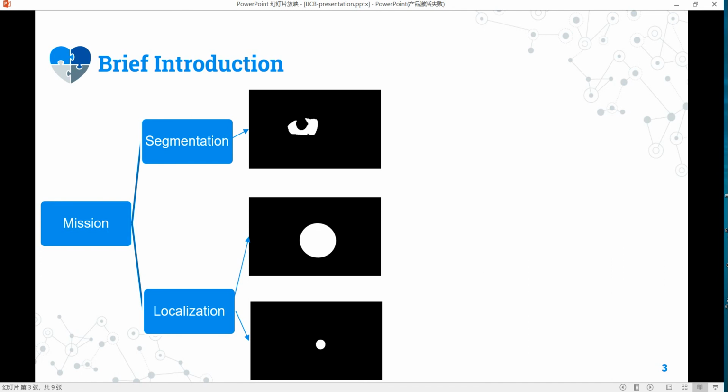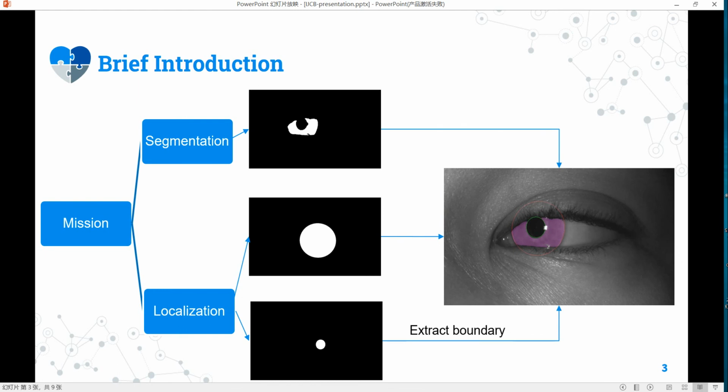At the end of the network, we output the segmentation maps of the iris, the outer circle of the iris, and the pupil at the same time, and then through simple post-processing, the boundary is separated from the binary mask image of the outer circle of the iris and the pupil, so that the positioning is achieved.